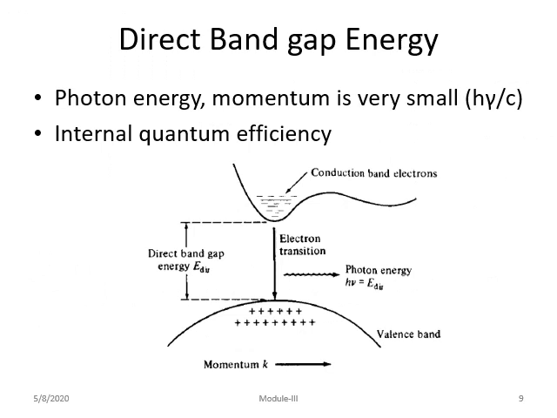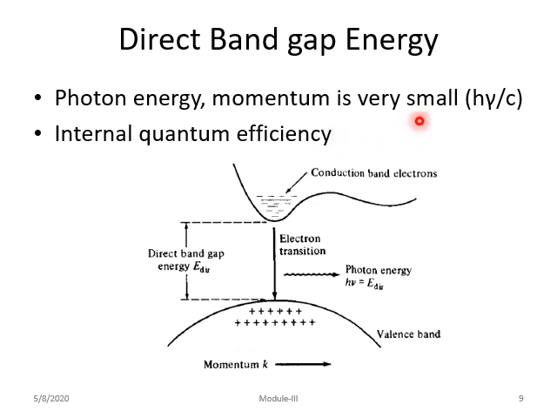Next, coming to the direct band gap energy. In a direct band gap, there is photon energy, and the momentum is very small with respect to the photon energy. The related term is the internal quantum efficiency, which is defined based on the photon energy.